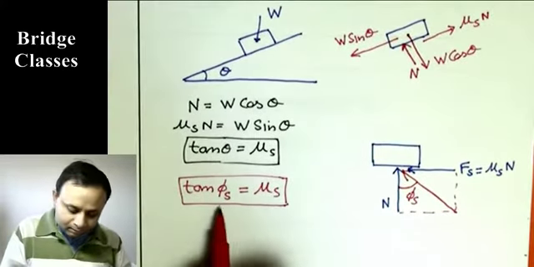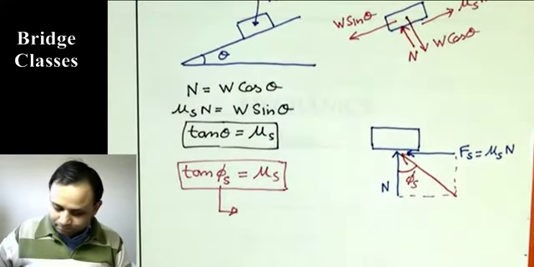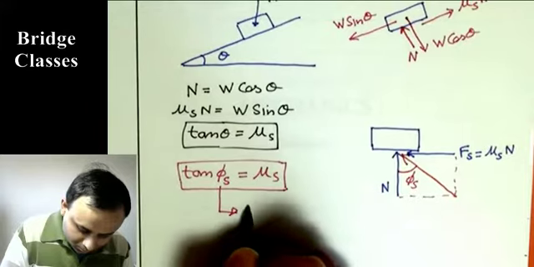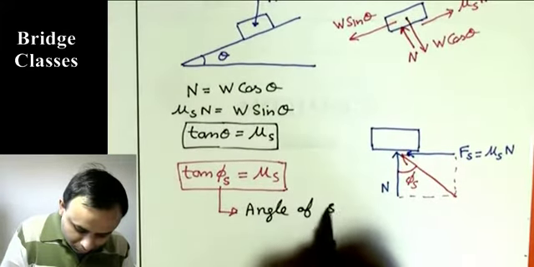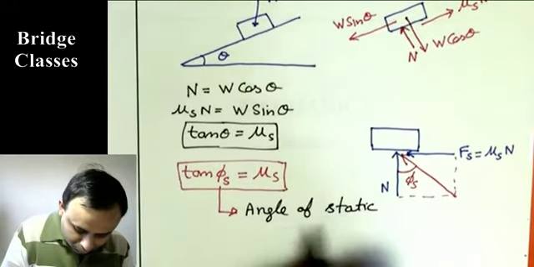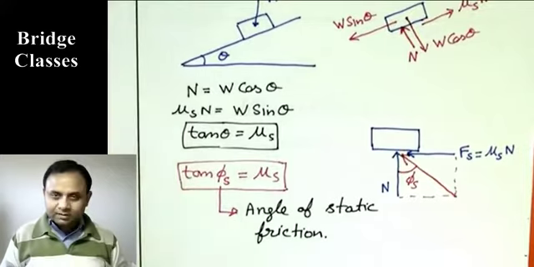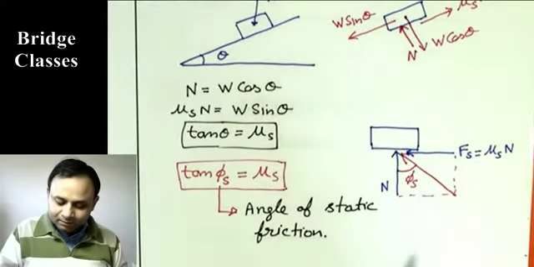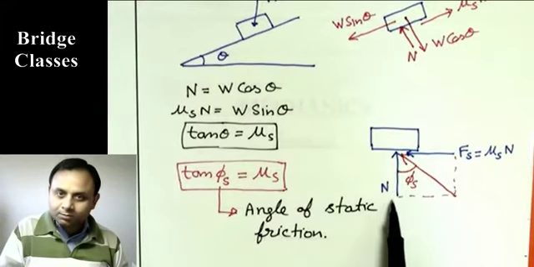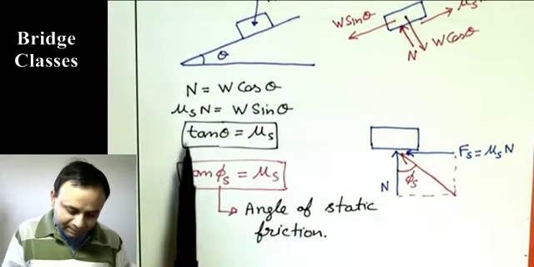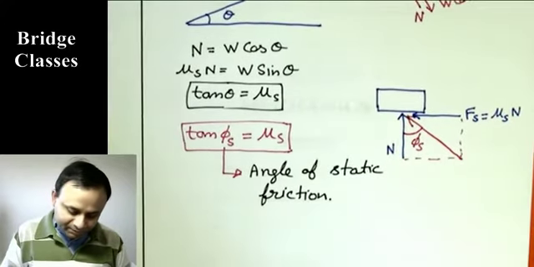Okay. This phi s is called the angle of static friction. This is the angle that the resultant force makes with the normal. And see, here we got the answer, tan theta equals mu s. So theta is actually phi s.